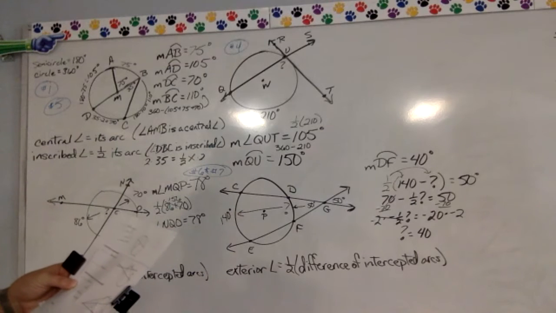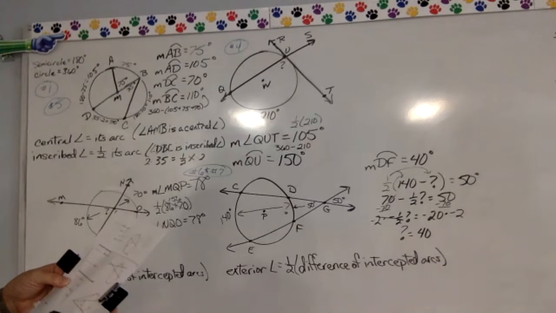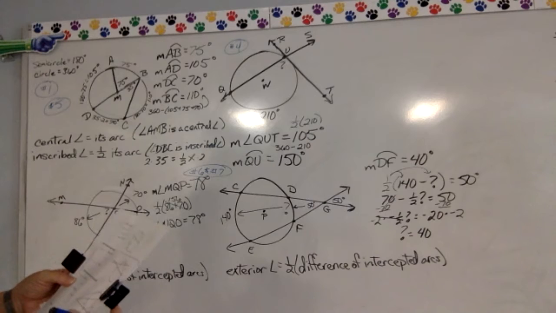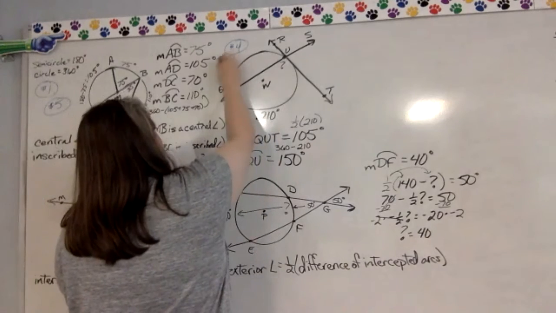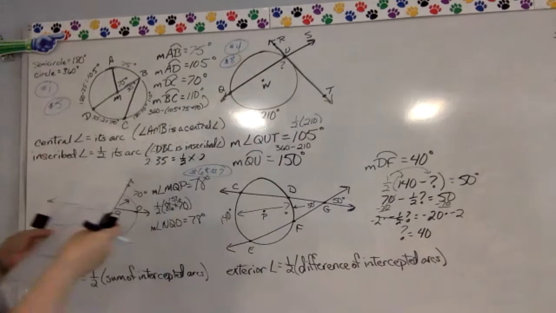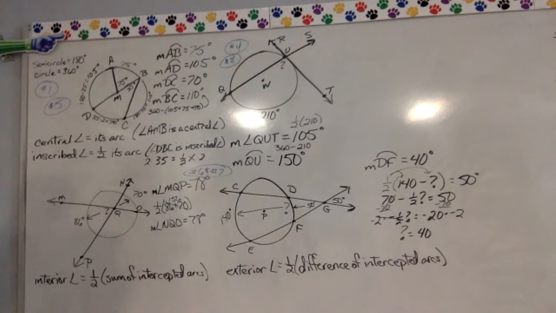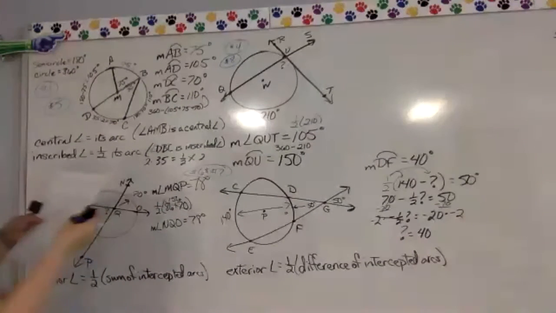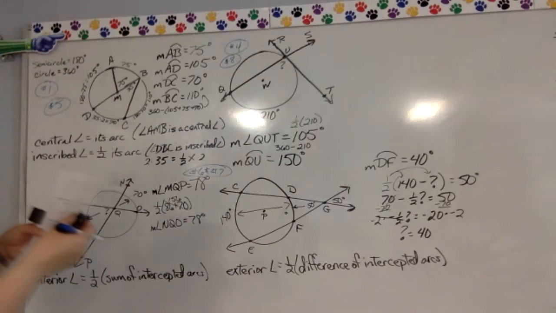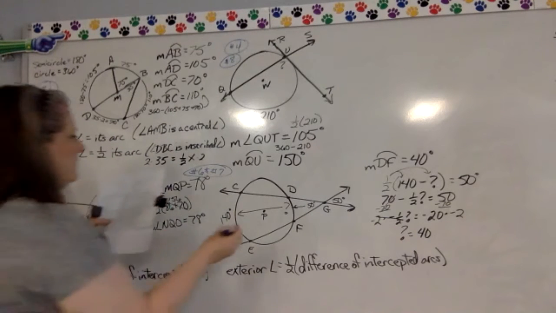And then you're going to use stuff from this one for number 8. Also you're going to use this back for number 8. And then number 9, you're going to use stuff from this one.